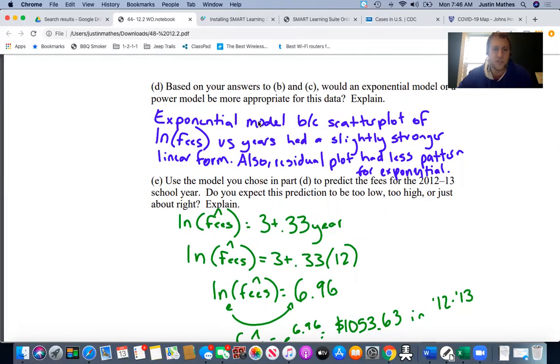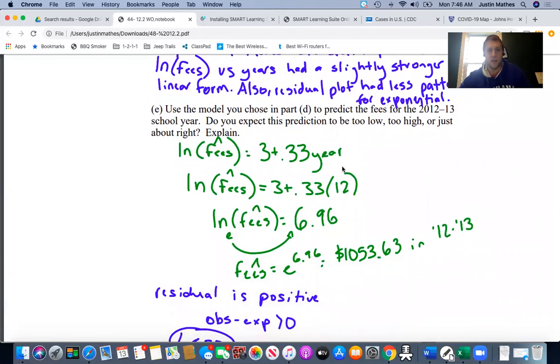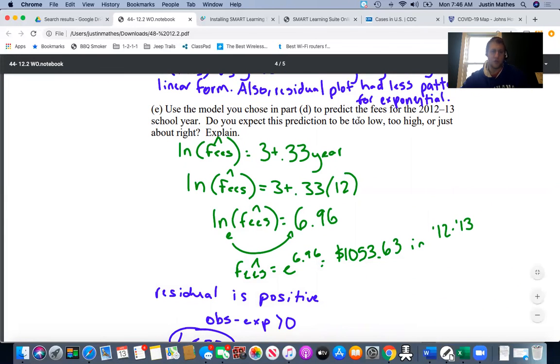So because it's an exponential model, boom, there's only one log, or in this case, natural log. Remember, log and natural log, either one will work. All right, so there's only one this time. And they want us to predict the fees for the 2012-2013 year. So now it's telling me the number of years, and it's years since 2000, so we plug in 12.